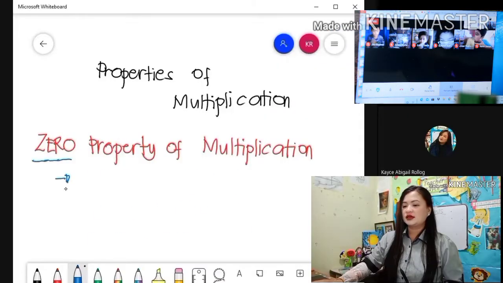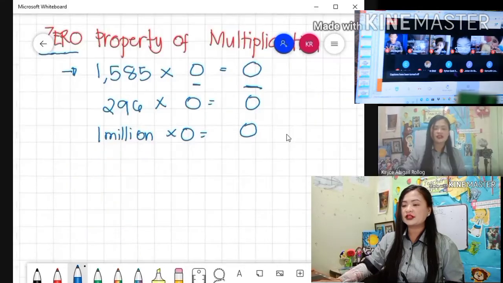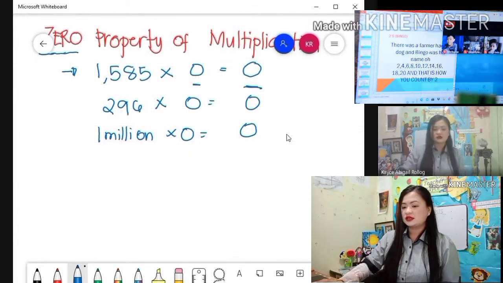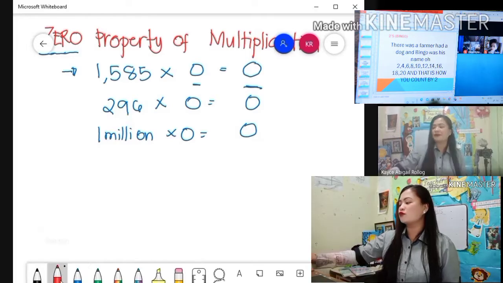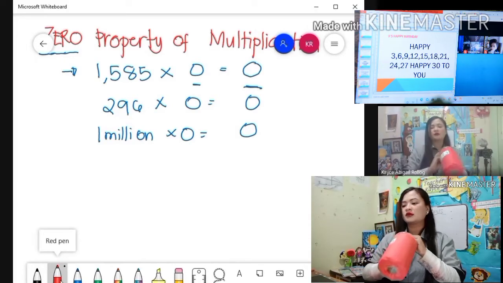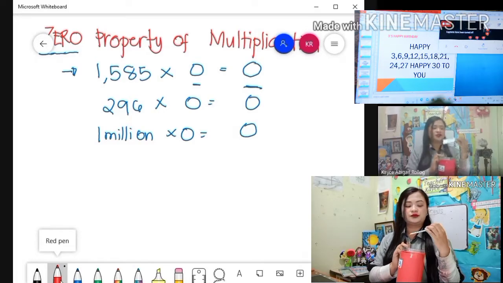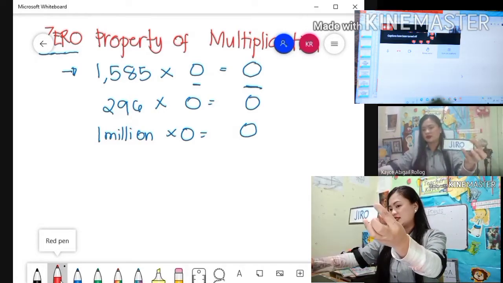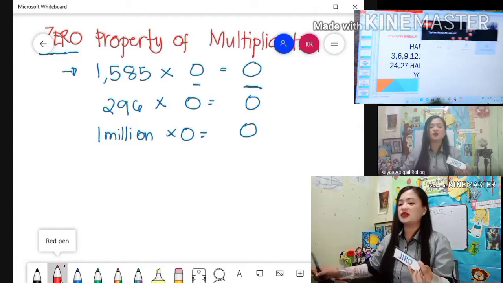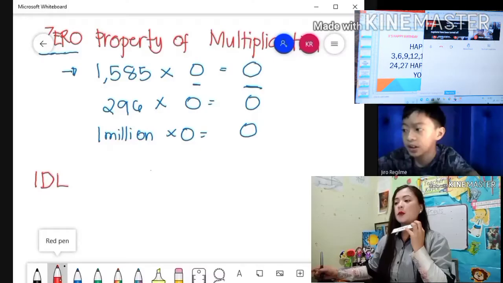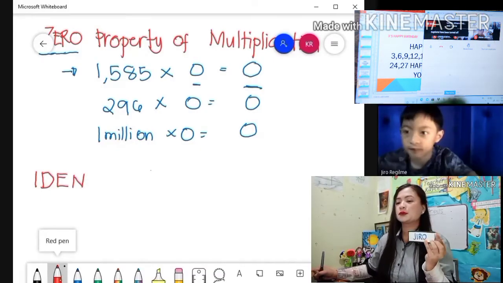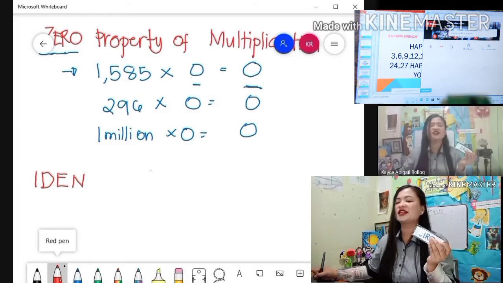Very good. Okay, let's move to the next property of multiplication, wherein you multiply it by 1. What do you call that? It starts with letter I. Identity. Very good.